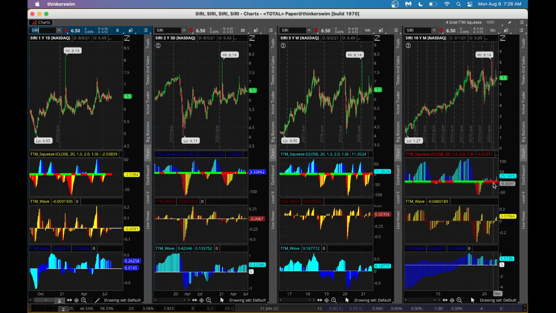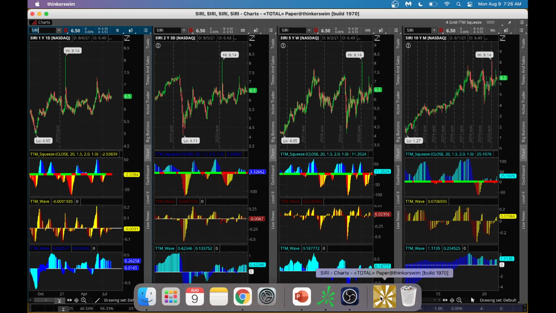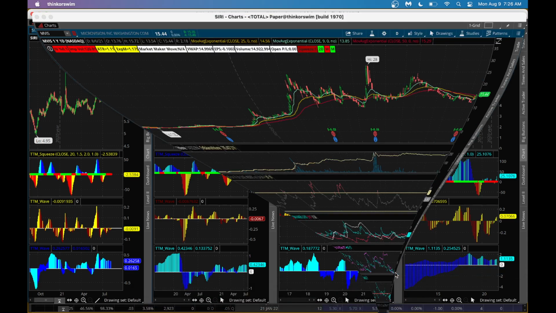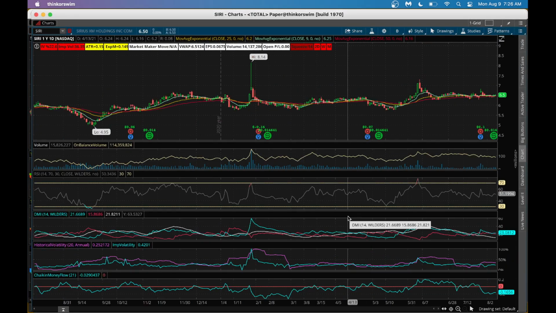And when this happens, the shorter term A wave is above 0, longer term C wave is above 0. So with this Sirius XM coast is clear, you can buy the stock or even call option or call spread if you're a spreader.